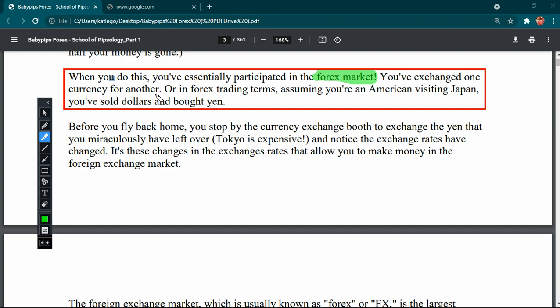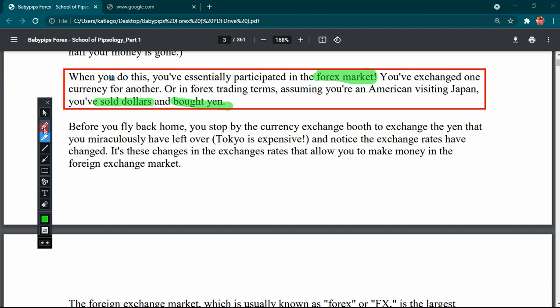So they are saying, if you've exchanged your $1 at the airport for that 100 yen, you've already participated in forex trading. Or in forex trading terms, assuming you are an American visiting Japan, you've sold dollars and bought yen.